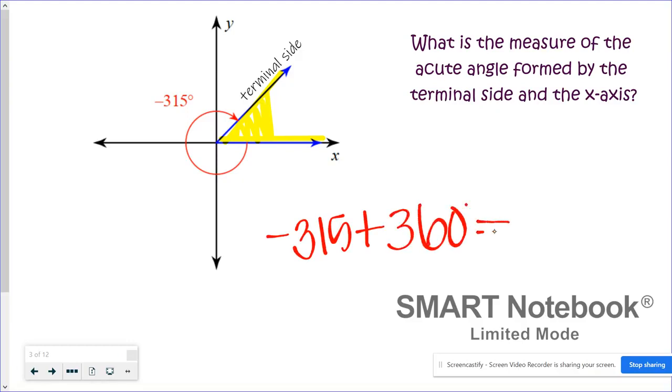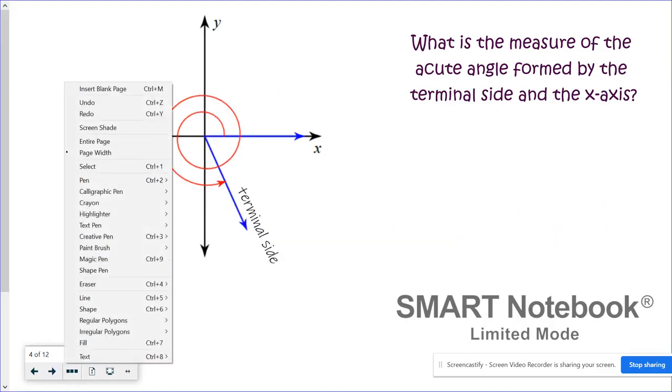So if I do that, I'd get 45, right? No, 45 sounds about right. So a 45-degree angle would have the exact same terminal side. So that's the reference angle. Okay, all right, so far so good.